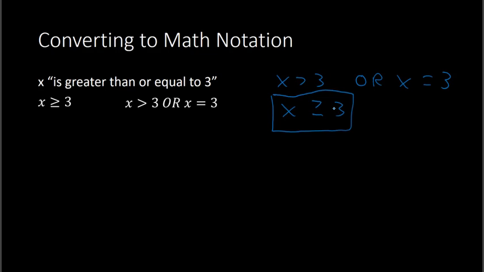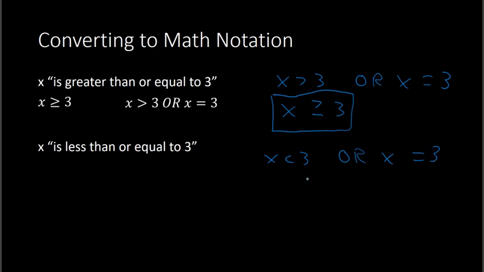All right. Another statement would be less than or equal to. So if I were to say x is less than or equal to 3, this literally means x is less than 3 or x is equal to 3.